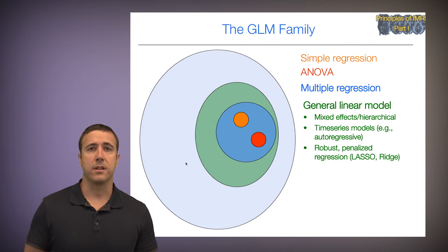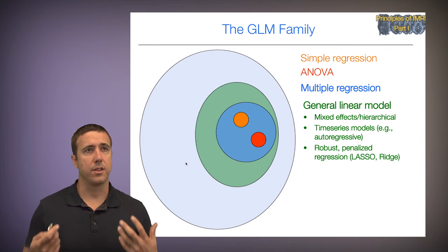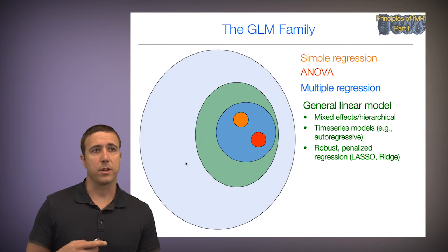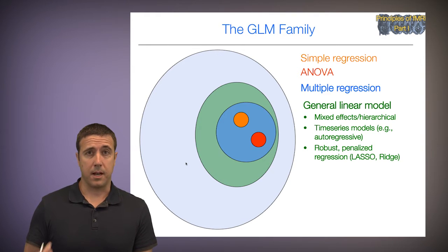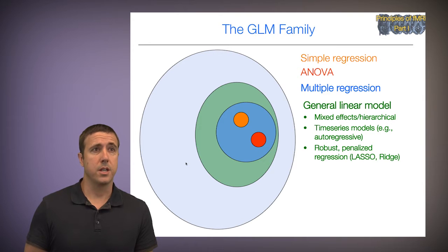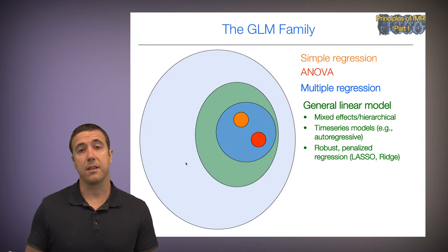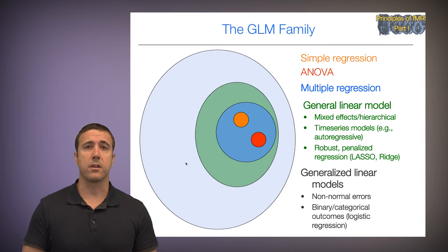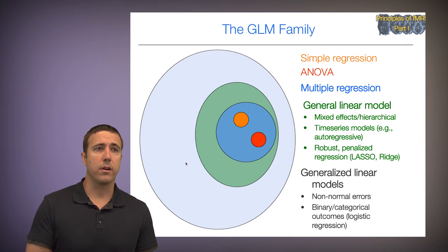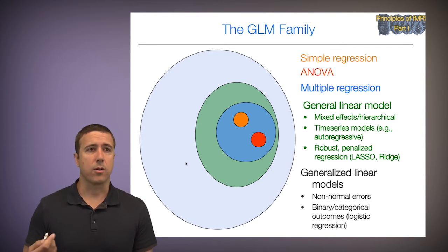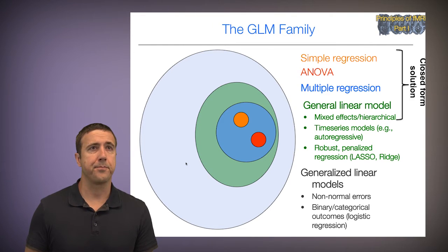And multiple regression is a specific instance of the general linear model more broadly, which includes mixed effects or hierarchical models, we'll learn about those later, time series models that model autoregression, robust and penalized regression models, and others. And finally, there's another class, the broadest class, of generalized linear models in which we're allowed to have non-normal errors, binary outcomes or categorical outcomes, and logistic regression is one example of that.